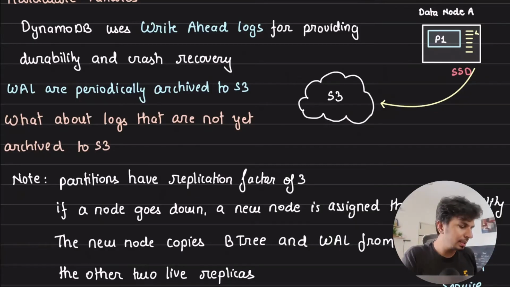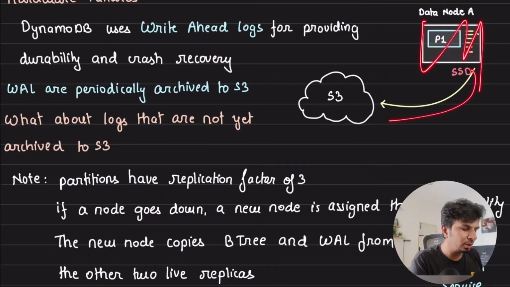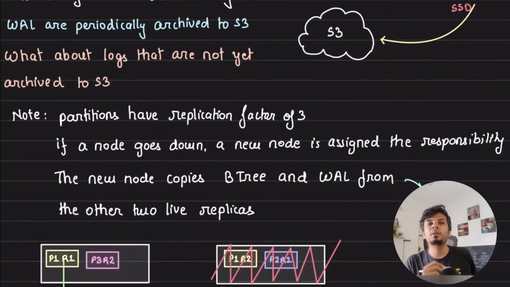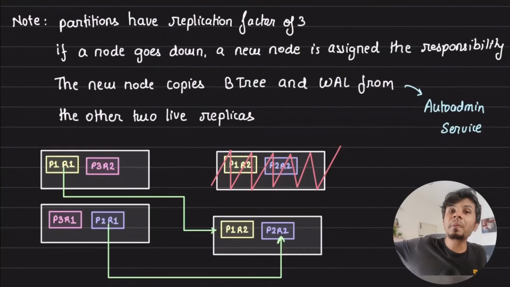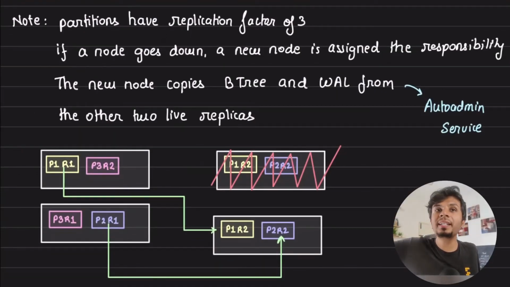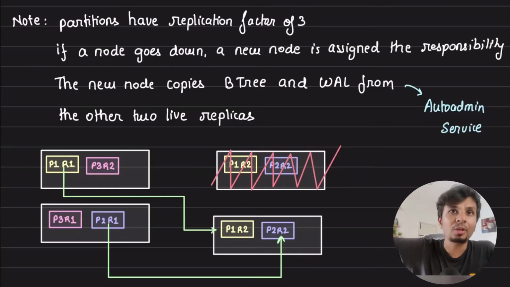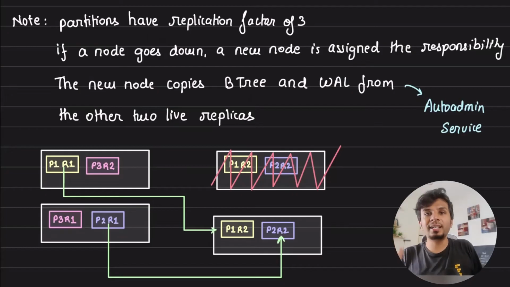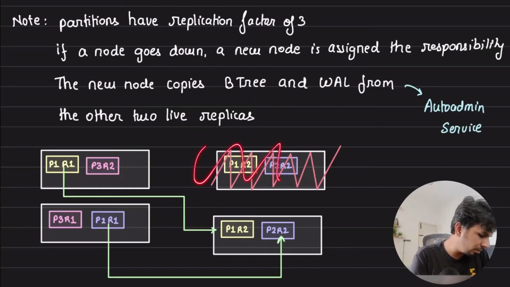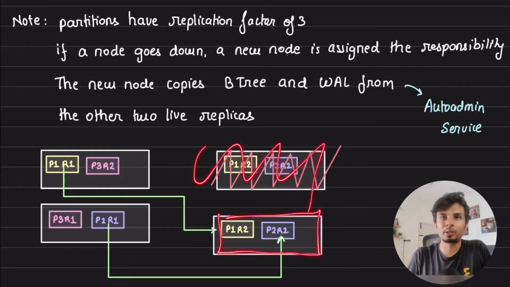Now here, if this node goes down before the logs were replicated on S3, what would you do? You have other partitions to take care of that; the other replicas can give you that. Remember, the partitions typically have a replication factor of 3. So if a node goes down, a new node is assigned that responsibility. Let's say this node went down, and I immediately spun up a new node.